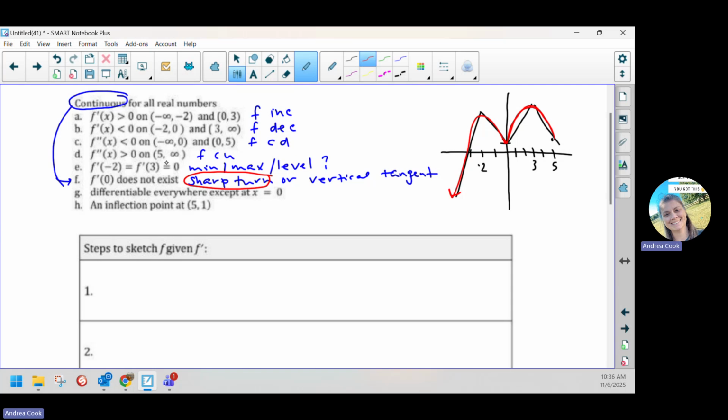Then from 5 to infinity, I'm concave up, but I have to continue to decrease. So concave up and decreasing is going to kind of look like that. So again, how high your bumps go, how low, it doesn't matter. This could be at the origin, it can be whatever.